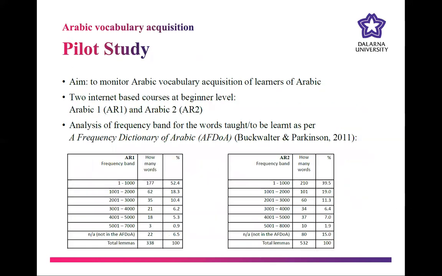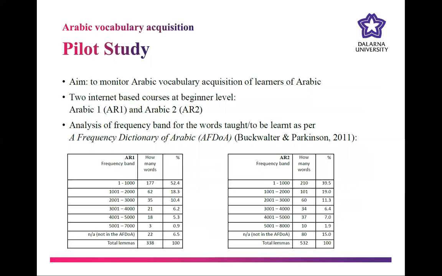Right, it's now time to take a look at our pilot study. The aim of the study was to monitor Arabic vocabulary acquisition for learners of Arabic, specifically in internet-based beginner courses. That's to say Arabic 1 and Arabic 2.